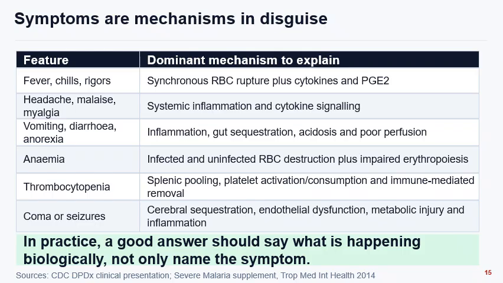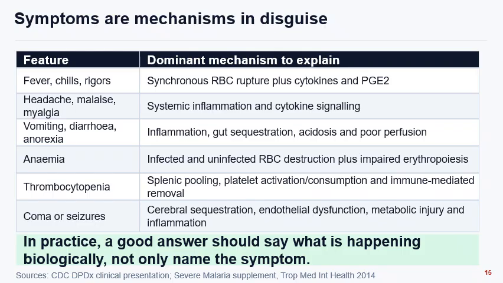Fever, chills, and rigors point to red cell rupture and inflammatory mediators. Headache, malaise, and myalgia reflect systemic cytokine signaling. Vomiting and poor feeding may reflect inflammation, acidosis, gut sequestration, or poor perfusion. Anemia is not simply the rupture of infected red cells. Uninfected red cells are also cleared, and marrow production is very often suppressed.